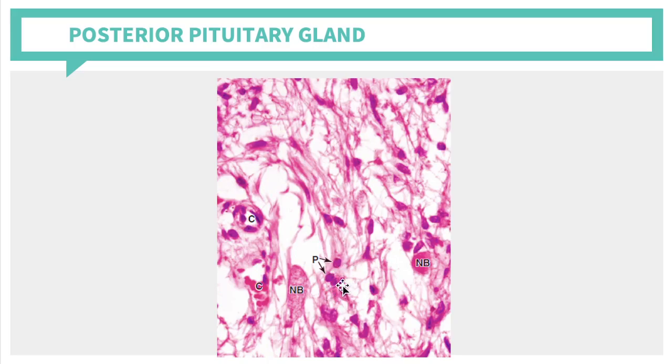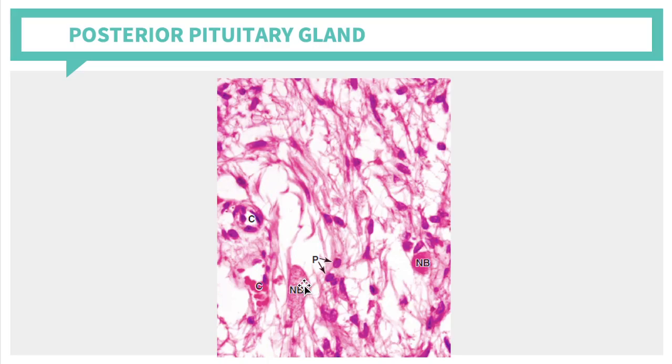The axons run from the supraoptic and paraventricular hypothalamic nuclei, and they have swellings called neurosecretory Herring bodies. This portion here is your neurosecretory bodies or your Herring bodies, from which either your oxytocin or your vasopressin is released upon neural stimulation.